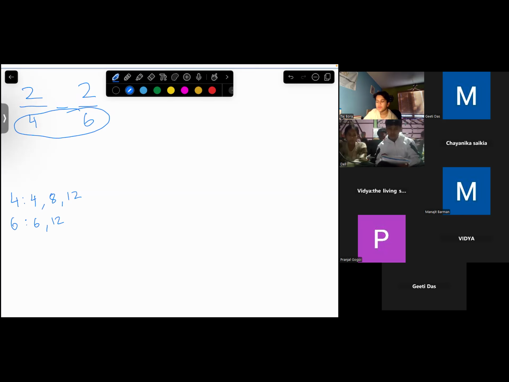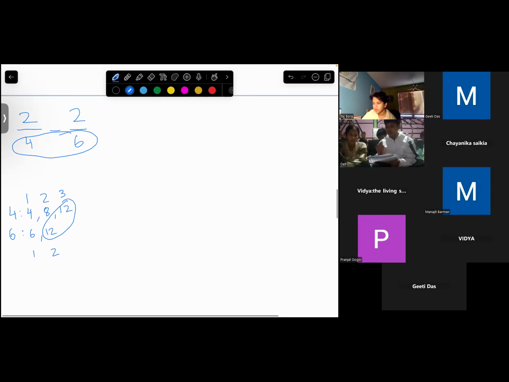Now we don't even need to add another 6 to 12 because we can see these numbers are the same. So now we can count what they should be multiplied by. The top 4 should be multiplied by 1, 2, 3, and 6 should be multiplied by 1, 2.